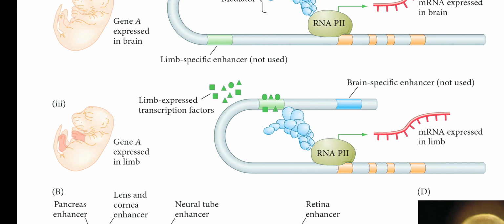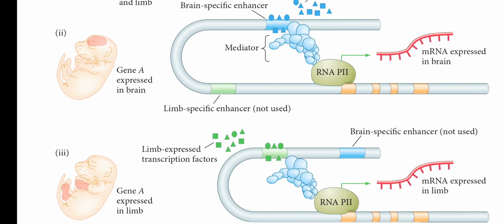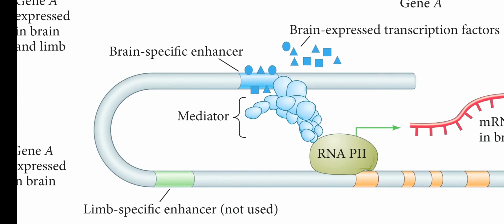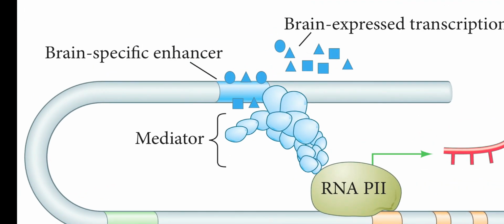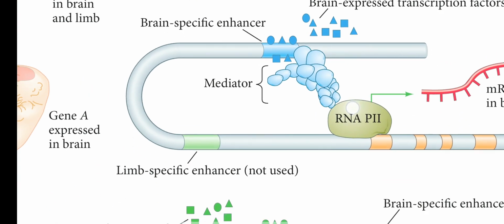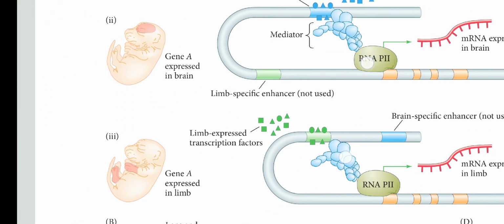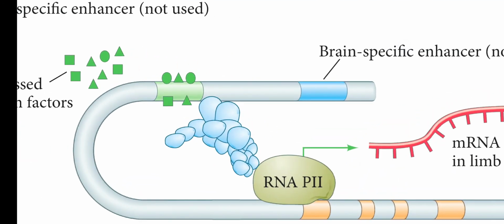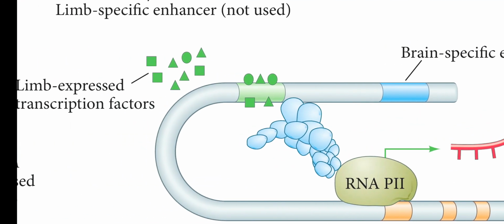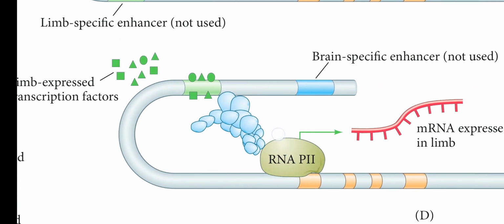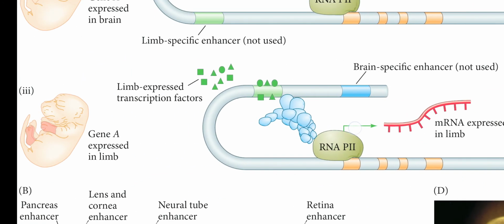And when the limb expressed transcription factor goes and binds, it binds to that region of the enhancer. For example here, the transcription factor has bound with this blue colored enhancer region, and this limb specific enhancer is left without any binding. Similarly in this case, the brain specific enhancer is not being used, whereas the limb expressed transcription factor is used, and this causes the formation of mRNA expressed inside the limb region.